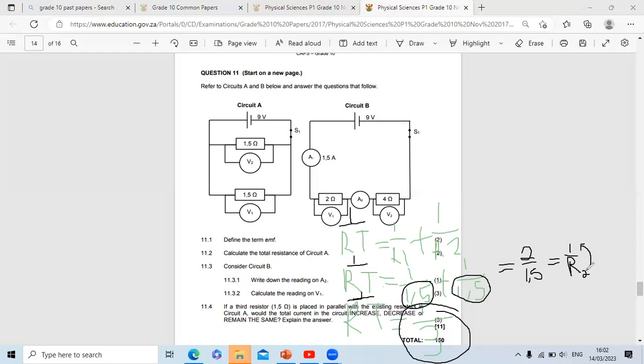Take this up, take this down, and you're going to end up with RT being equal to 1.5 divided by 2.